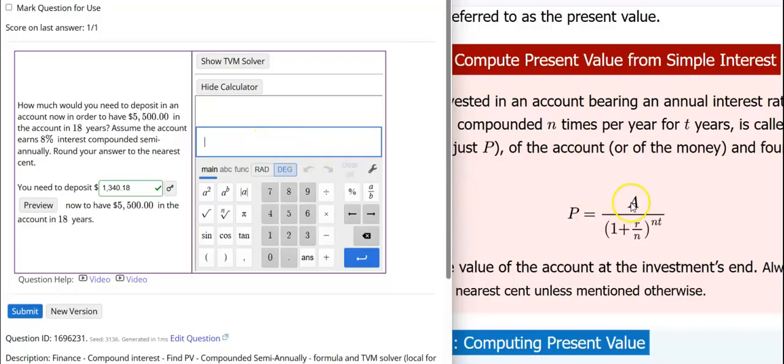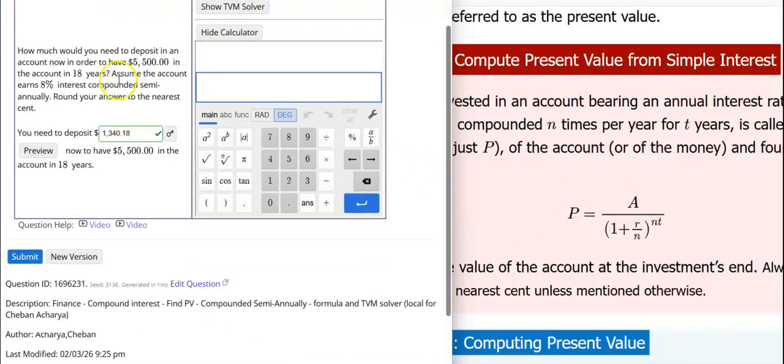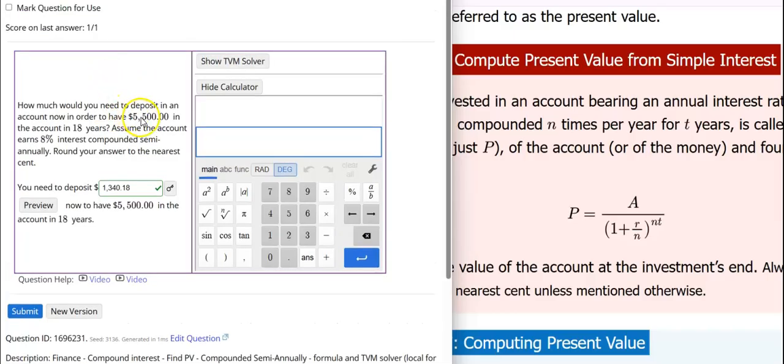I'm going to put the value of A, which is 5,500, divided by parenthesis, exactly as you can see in the formula, 1 plus R, which is 0.08. Notice that in the formula you use the percent as a decimal. So I put 0.08 divided by 2 because of the semi-annual compounding.